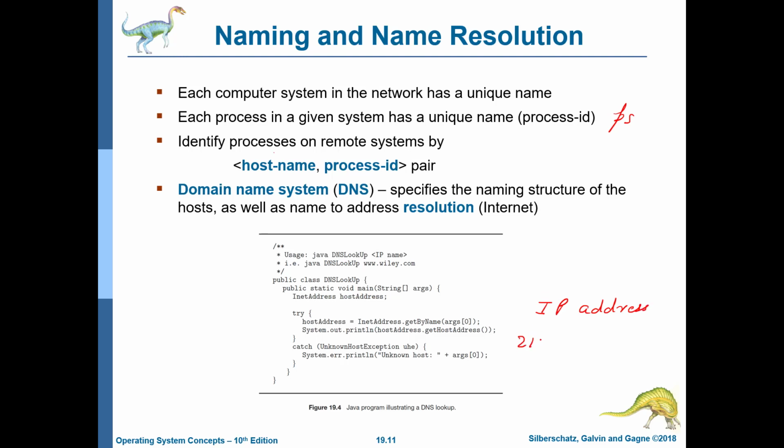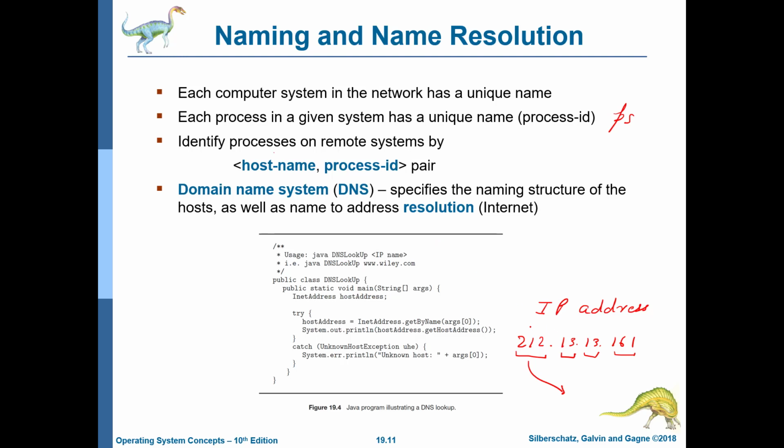It could be something like 212.13.13.161. This is a 32-bit IP address. There are two kinds, IPv4 and v6. v6 is of course much larger. In this case, the first part will indicate the country, this the region within the country, this the sub-region, and then this the machine within the sub-region.